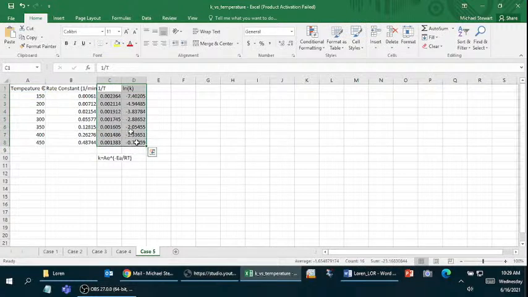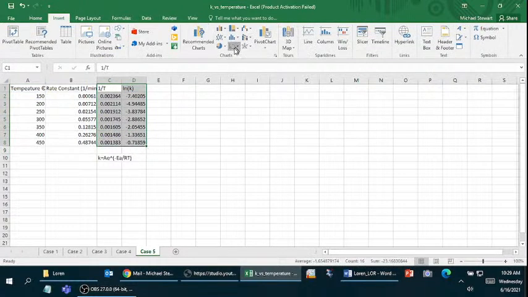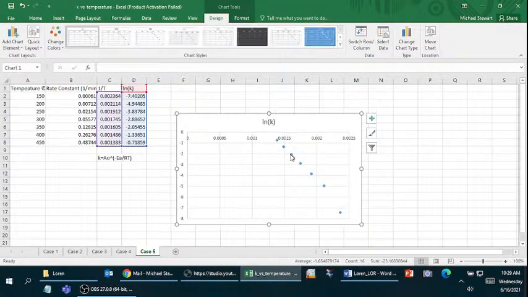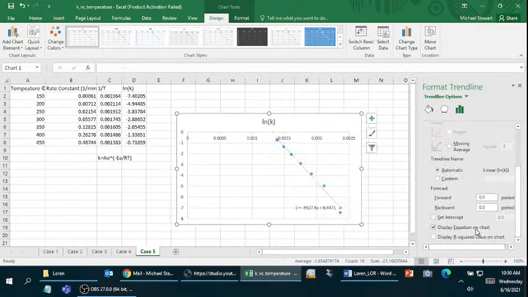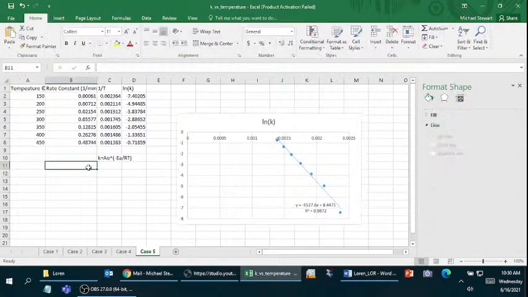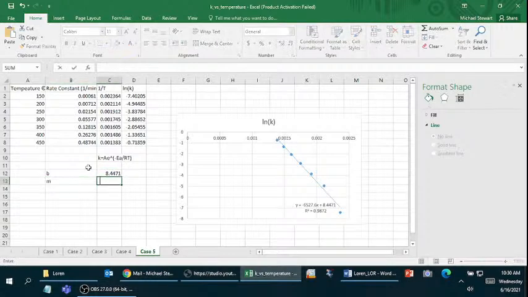So if I plot this, at the trend line, I get that the y-intercept here is 8.4471, and the slope here is -6527.6.